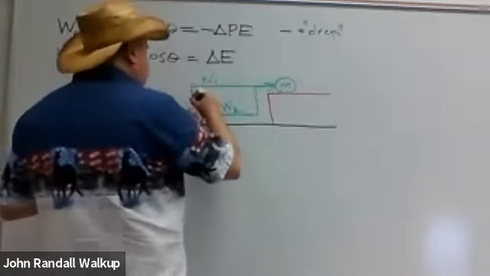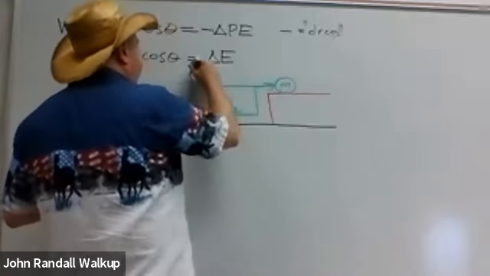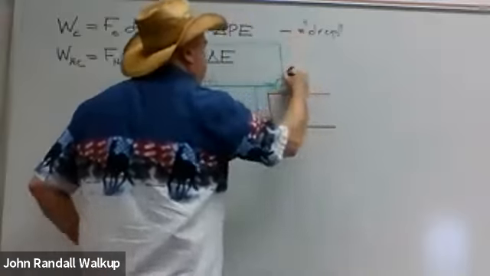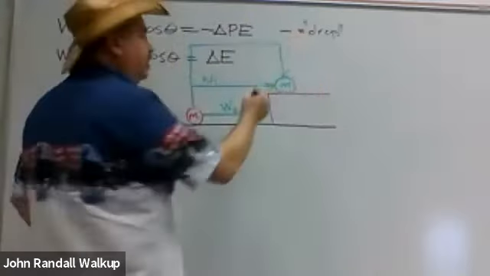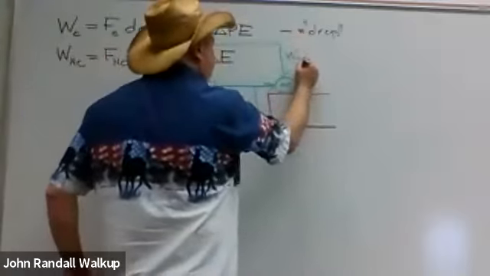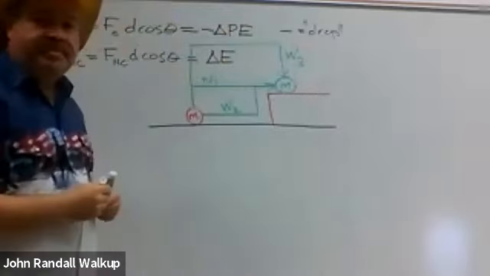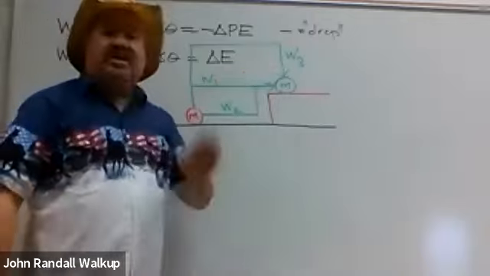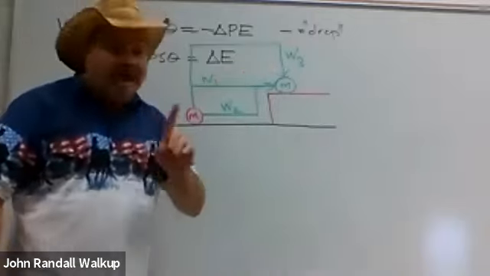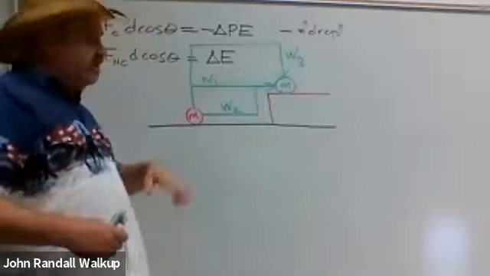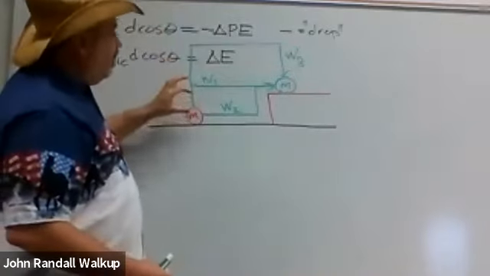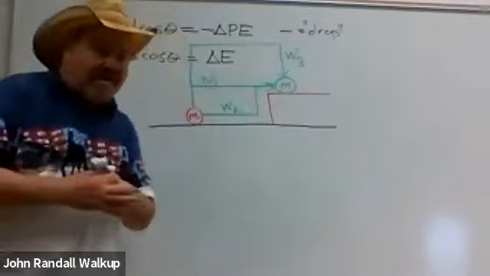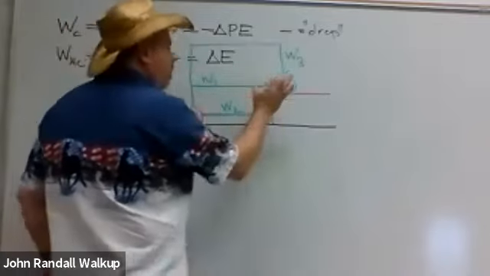Let's suppose instead I lift the object up way high, I bring it over, and I lower it down to here. This is the amount of work done by gravity we'll call W3. How much work is done in all these three paths? The same amount, by gravity. Gravity does the same amount of work regardless of which path I take, because the work done by gravity only cares about where you start and where you finish.